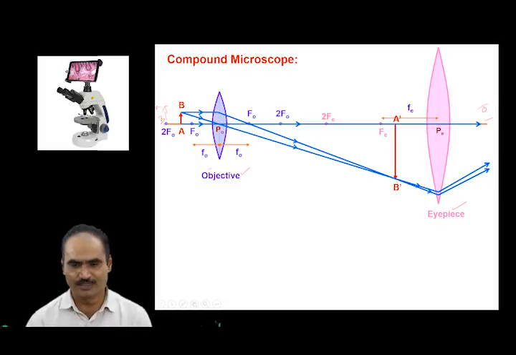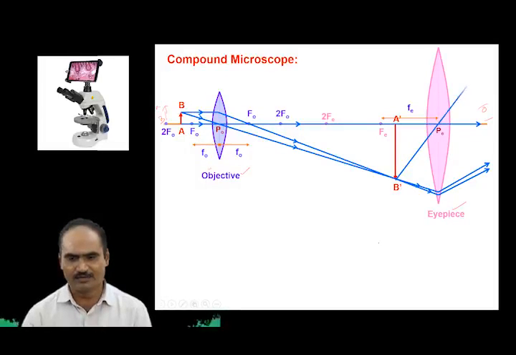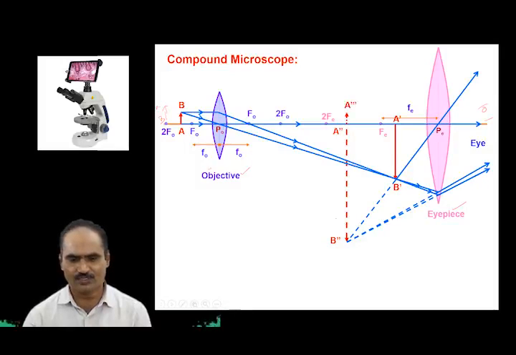Then the eyepiece should be adjusted, moving forward and backward, such that the image formed by the objective lies between the focal length of the eyepiece and the optical center of the eyepiece. Because of that, it forms a virtual image, inverted but enlarged.